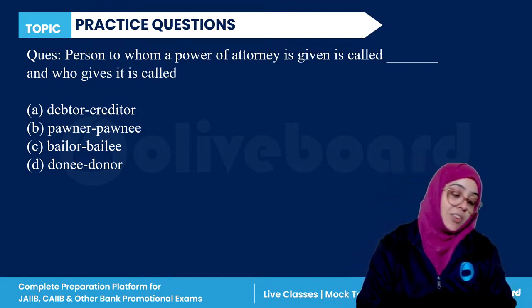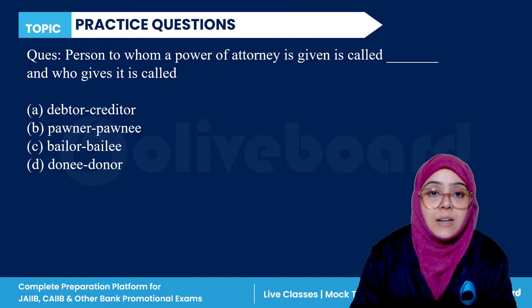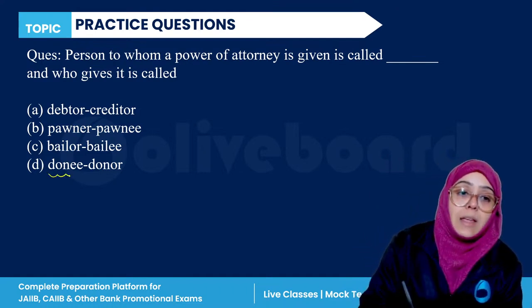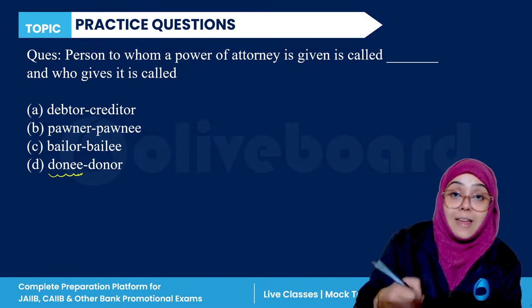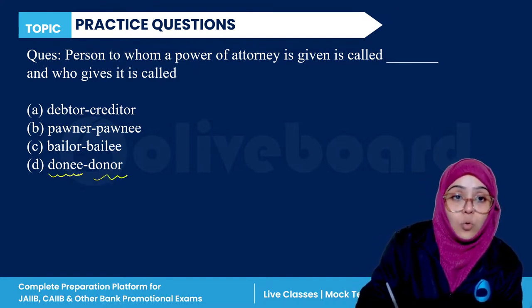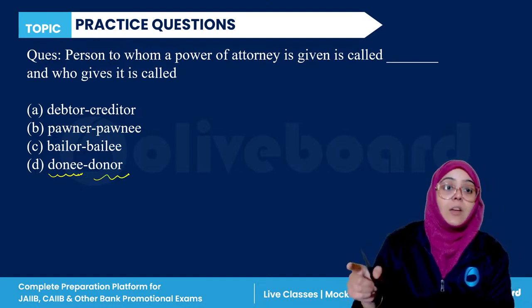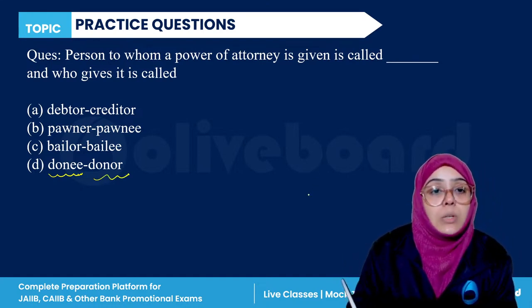The person to whom the power of attorney is given is called the donee, and the one who gives it is called the donor. The one who is giving is the donor, and the one who receives is the donee.